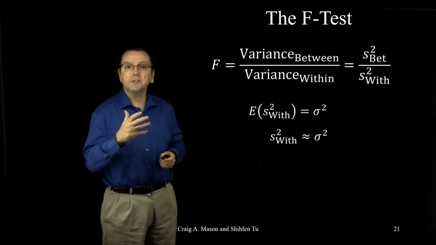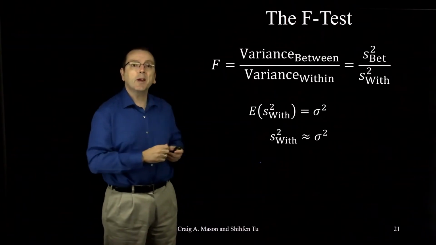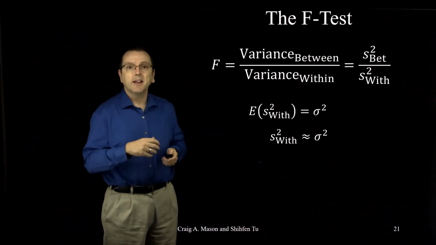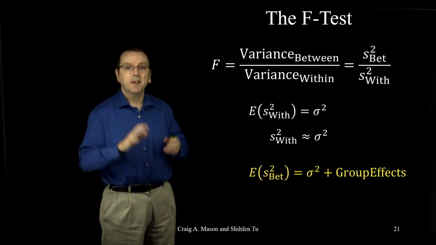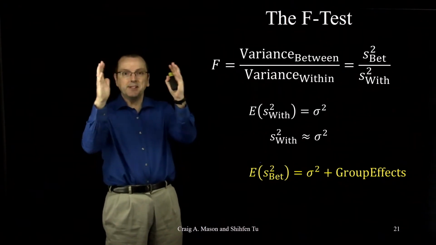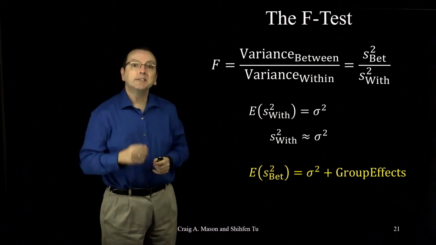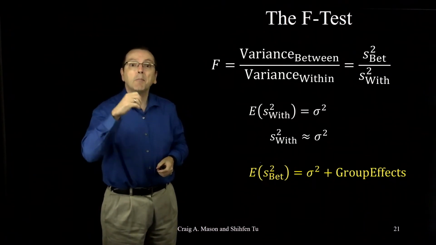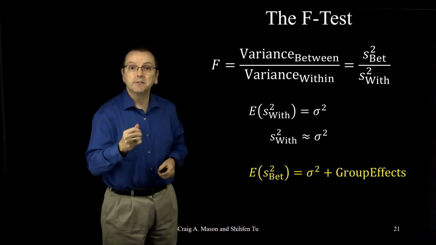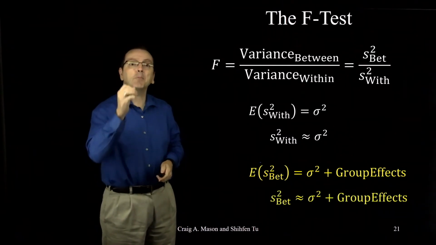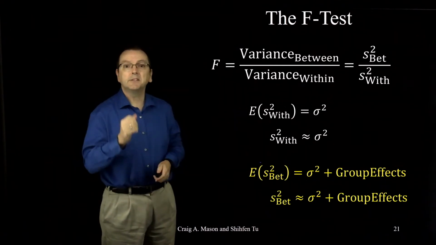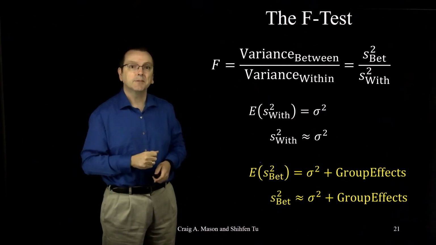Mathematically, you may see the variance between described as the expected value of the variance between, E and then in parentheses S squared between, is equal to sigma squared plus group effects. Or you may see it described mathematically as being approximately equal to sigma squared plus group effects.